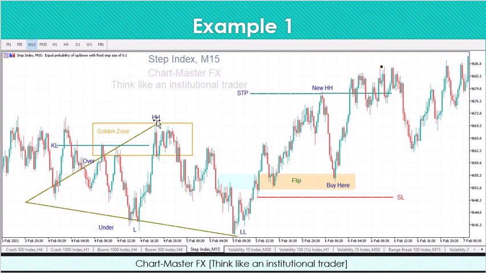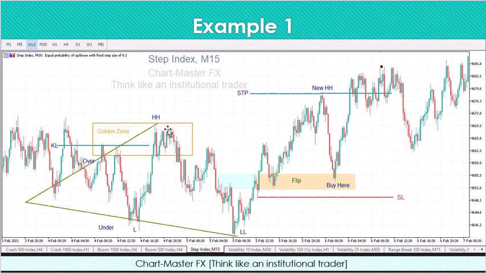And remember on the KLOU video we said that that's where the golden zone is located. So once you have the golden zone, then you know that the conditions of the over under setup have been met. Once the conditions are met, then we wait for the price to do whatever it does.